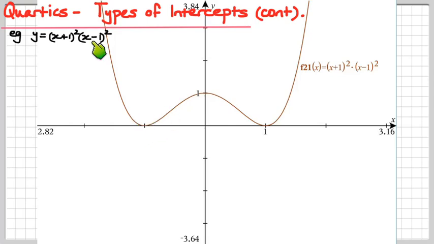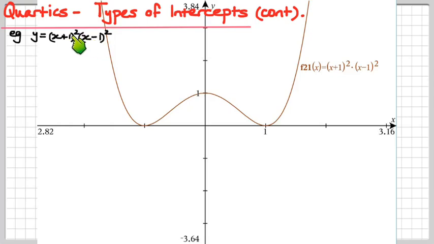And similarly where x minus 1 equals 0, or x equals 1, this one will just come down and touch the x-axis where x equals 1. You can work out the shape just from those two pieces of information, right? Nothing cuts through the x-axis because we don't have any straight linear factors there.